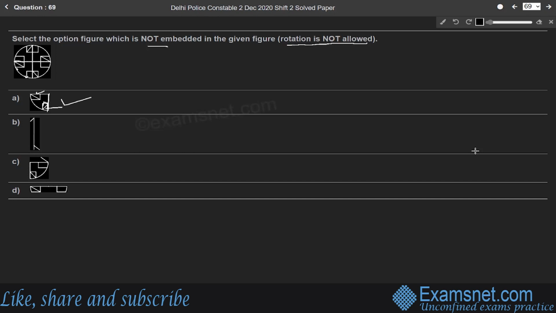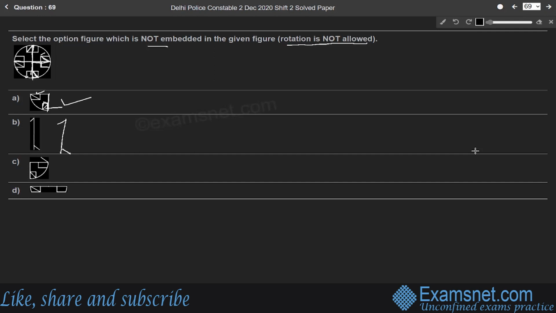So look at option B, C, and D. So this vertical portion with a small tilted line is embedded in the given figure. So this part, right? Whereas option C is also embedded in the given figure, starting from a tilted line, then a horizontal line, then a vertical line, a small box and a tilted line, right?